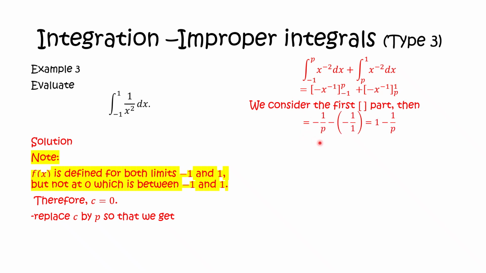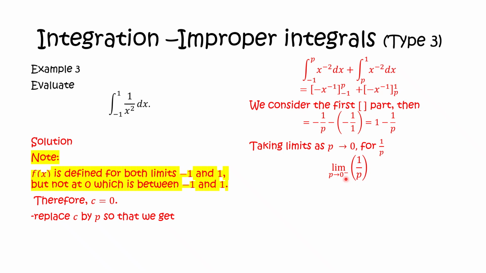Considering the first part, we substitute with the limits from -1 to p, and we get 1 minus 1 over p. Then we take the limit as p approaches 0 of 1 over p, because if we take the limit of a constant, we'll always get a constant. So that 1 remains there, but the 1 over p might change.